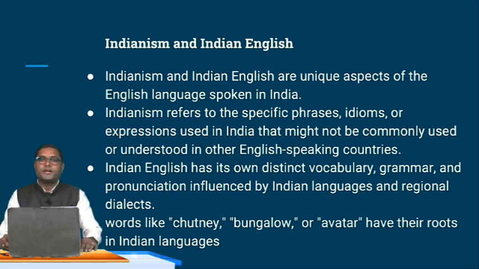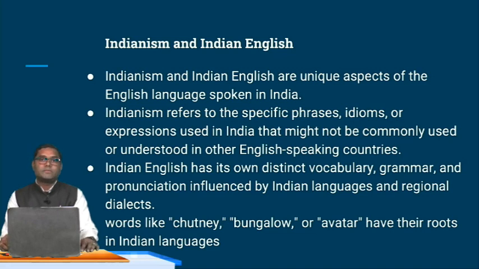Now after this, moving ahead, try to understand what is Indianism and Indian English. See, Indian English is also the variety of English language. The English which we speak in India, that we call it as a Indian English, and the peculiarities of English language which is spoken by the Indians, that is called as a Indianism in English.